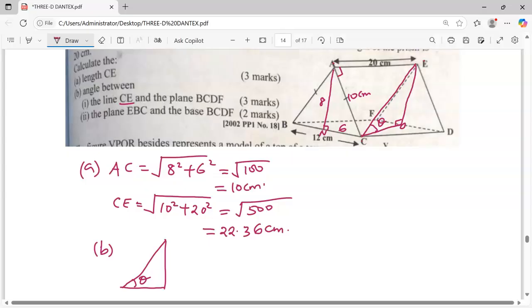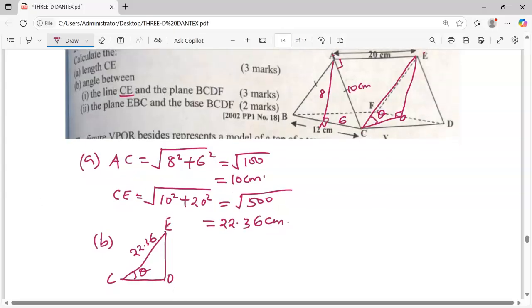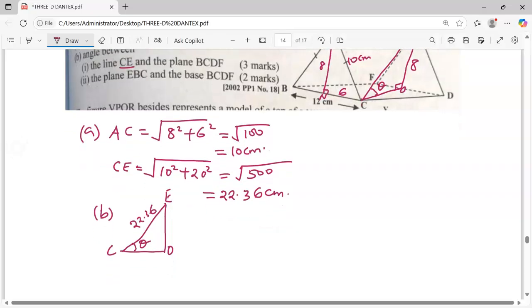So this is a point C, this is a point O, and this is E here. Already CE has been found to be 22.36, and also the height of this particular triangle from O to E is the same as A to N, and this one is going to be 8 centimeters. From there now we can get the angle.